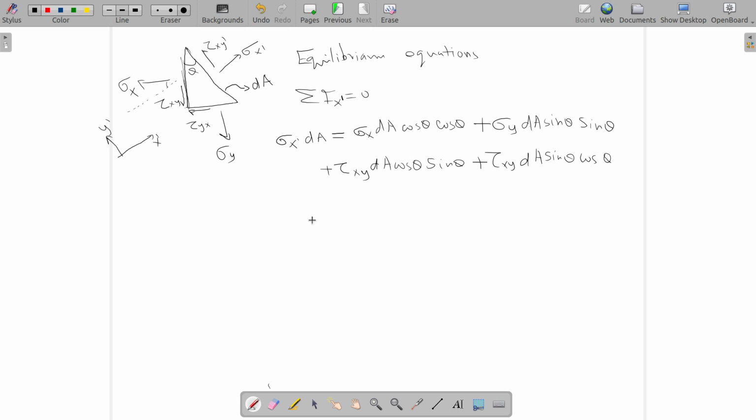Now you have cos square theta here and sin square theta here. So the term will be sigma x cos square theta plus sigma y sin square theta plus 2 tau xy sin theta cos theta.